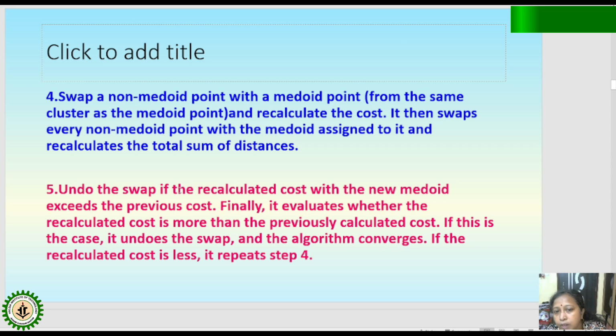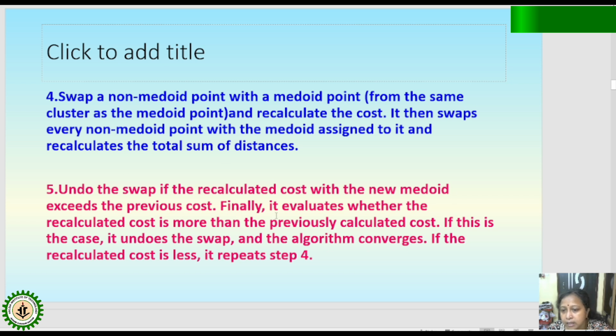Fourth step, swap a non-medoid point with a medoid point from the same cluster and recalculate the cost. It swaps every non-medoid point with the medoid assigned to it and recalculates the total sum of distances. Last step, undo the swap if the recalculated cost with the new medoid exceeds the previous cost.